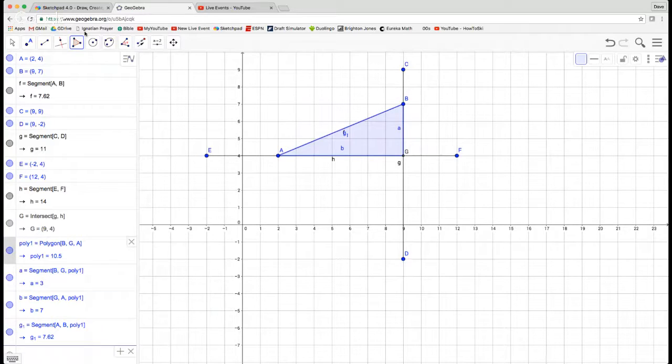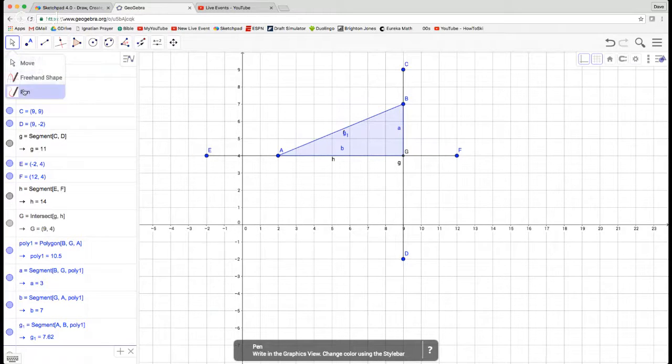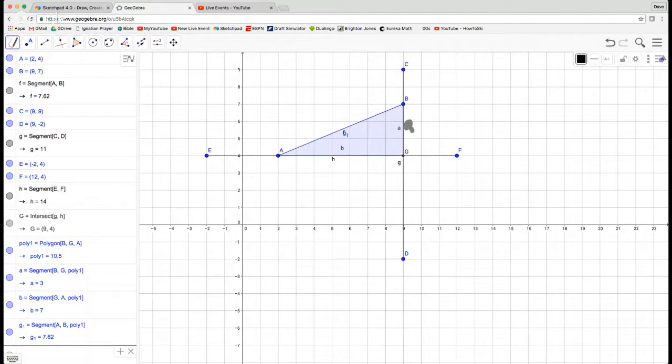And now I can use my Pythagorean theorem, because I can find this distance, which is 3, and I can find this distance, which is 1, 2, 3, 4, 5, 6, 7. And now I can find my magic distance, which is 3 squared plus 7 squared equals d squared. And you can go about solving that problem and find out what d squared equals.